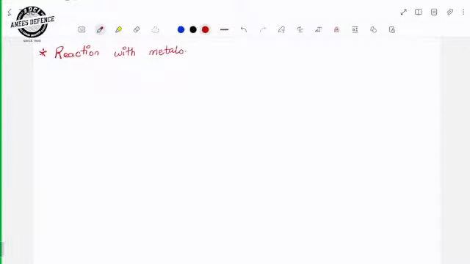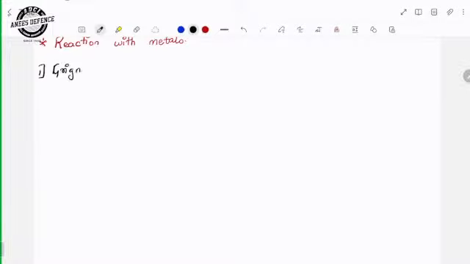One reaction which is very common is RMgX. RMgX is known as Grignard reagent. Very good. So we are just going to look into that. The first reaction which we are going to talk about is the Grignard reagent.